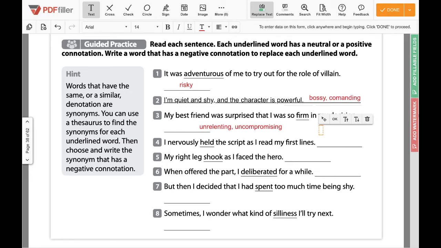So we could say they held it, they're holding on to it. Something that would make it seem negative, you could say gripped, because it seems like they're holding on to it really, really hard because they're really nervous. Yeah, this one's not too complicated. That's just pretty much what we would leave it at.